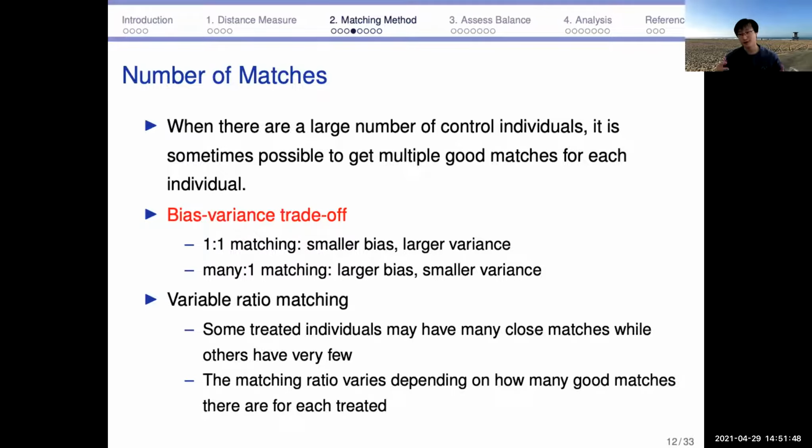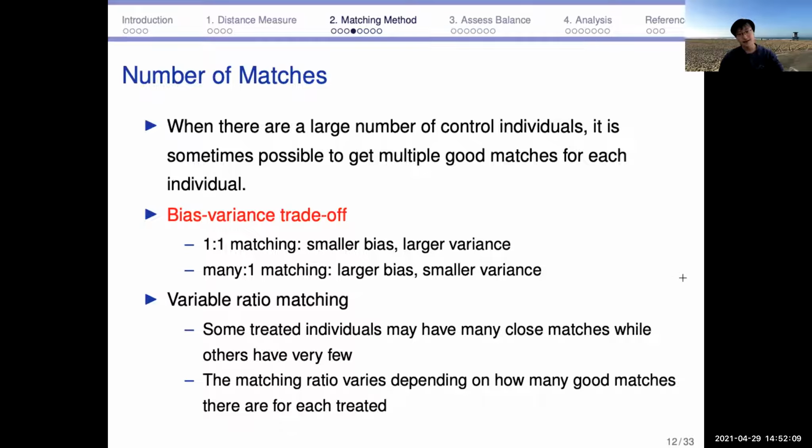But since by having many-to-one matching we increase the effective sample size in our analysis, one would likely have smaller variance. Of course, this is not a fixed rule. This is not always the case in practice. There's usually some kind of sweet spot in terms of the matching ratio.